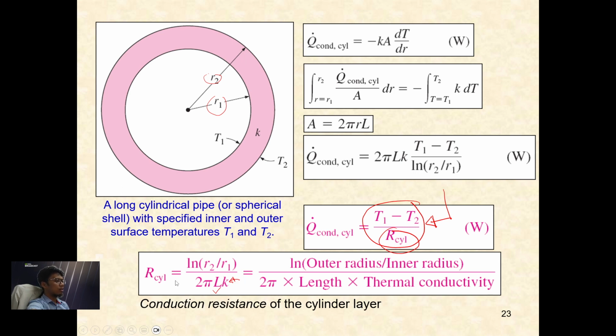Then you get R cylindrical. This is specifically for conduction resistance.